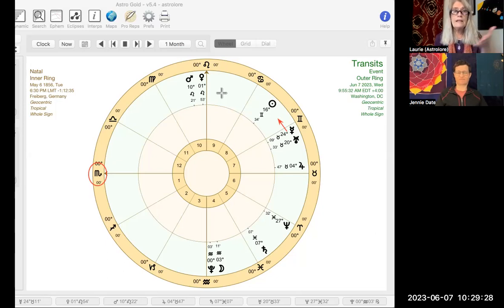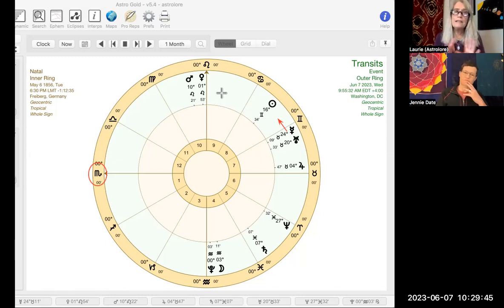Now, if this Venus was falling in a different house, let's say the 8th house for you, it's going to be bringing your values into that deeper area of how you're navigating other people's boundaries.